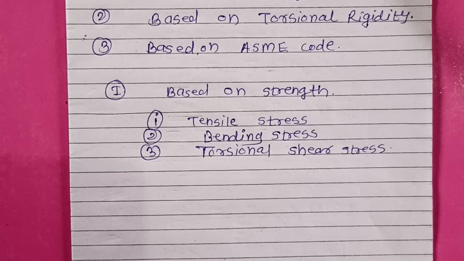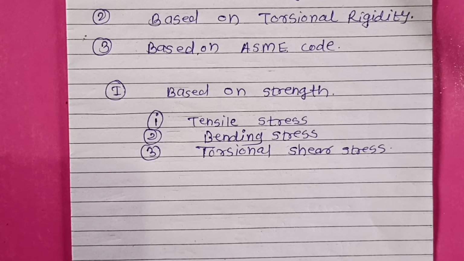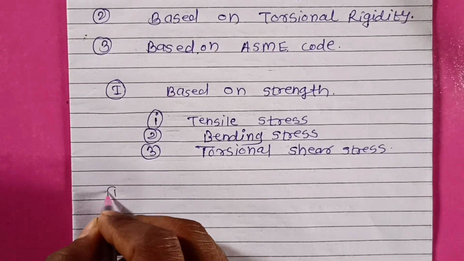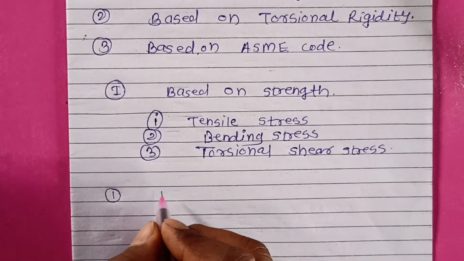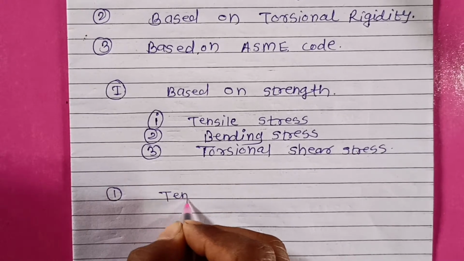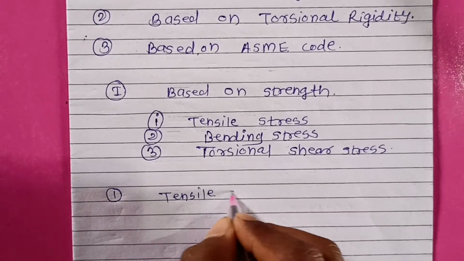Because of the twisting moment or torsional moment, the torsional shear stress is created on the shaft. Now see here, first one, and this is the basic procedure, tensile stress.